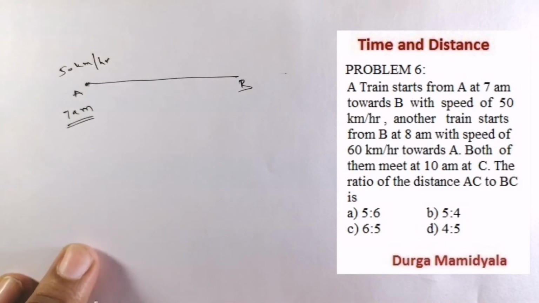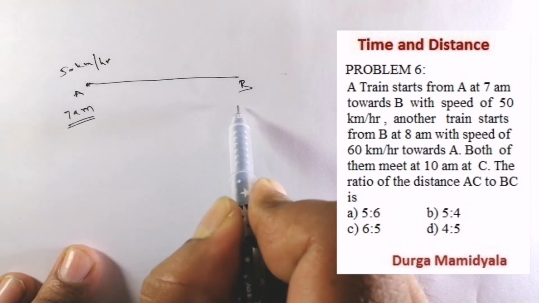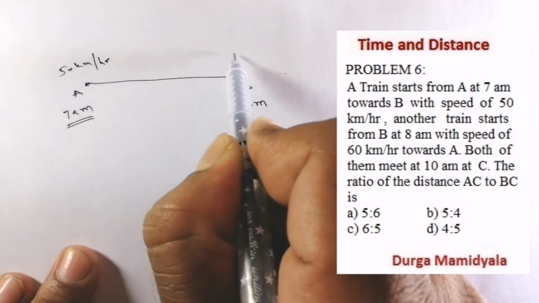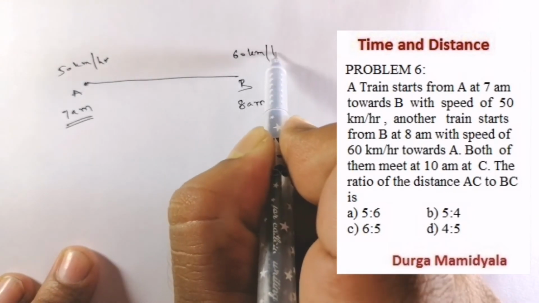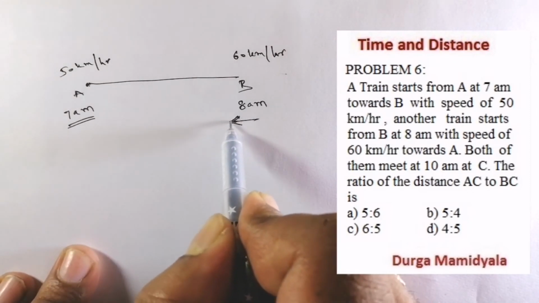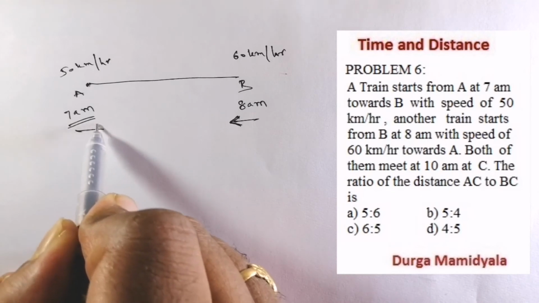Another train starts from B at 8 a.m. with a speed of 60 km per hour towards A. So it is going to travel this side, and this train is going to travel this side, right?